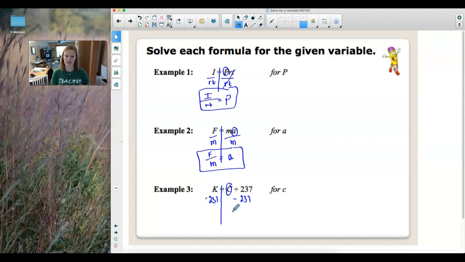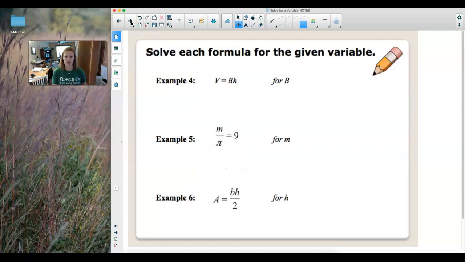So we have C by itself equals K minus 237. We have to make sure that's in the right order. You cannot put 237 minus K. That would mean something different. It has to be K minus 237. We're going to do 3 more examples so that you can see all of these.